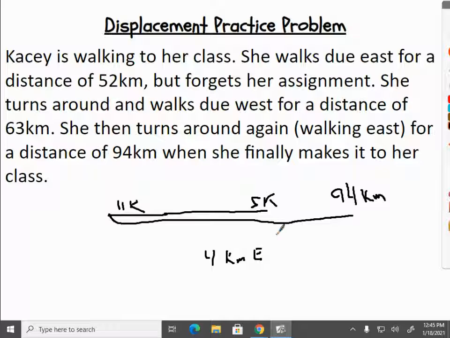That is her displacement. As if you like my lovely writing. But she went a total of 52 plus 63 is 115 plus 94. So we had 209 kilometers total in that day.